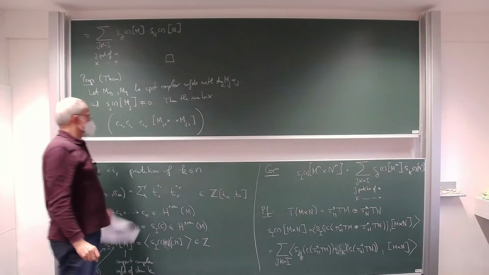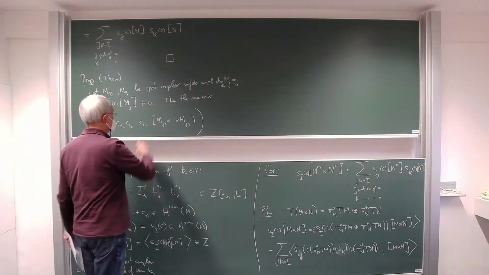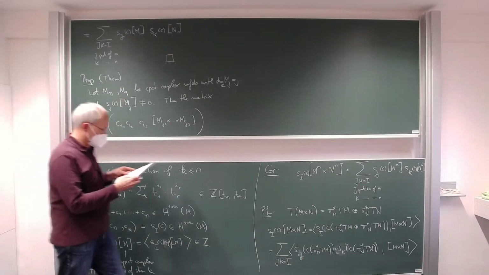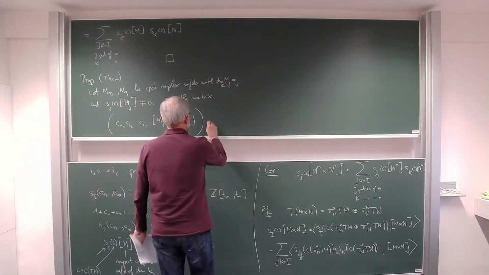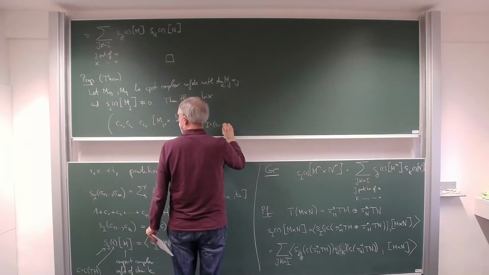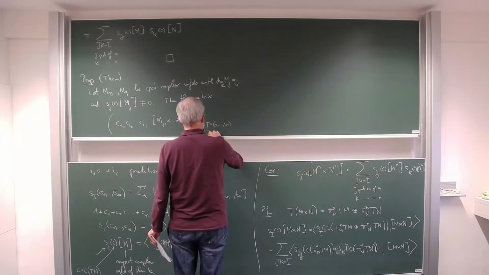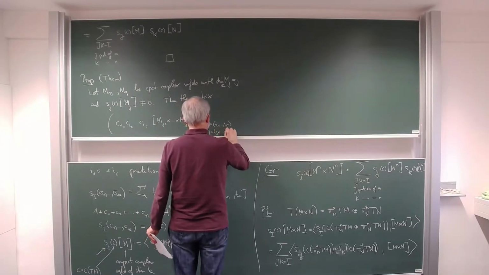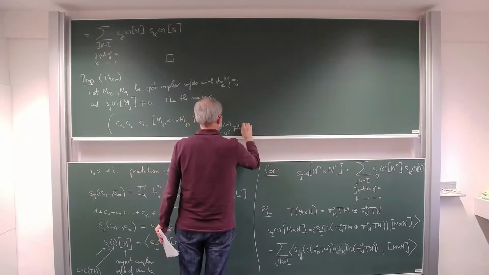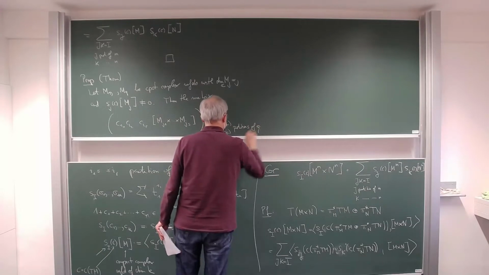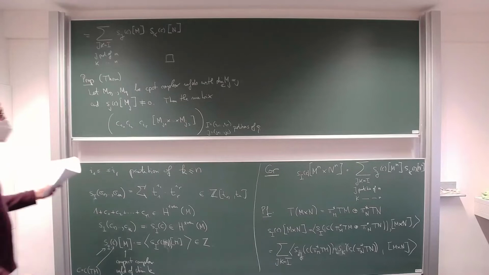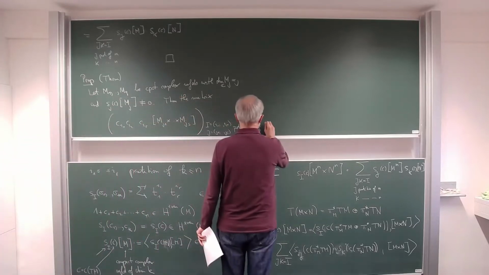We look at the matrix of these numbers where I and J range over all partitions of Q. And this matrix that we get is a square matrix, and it is non-singular.